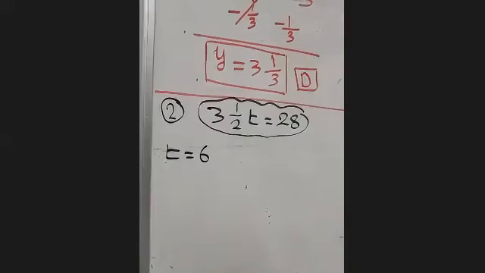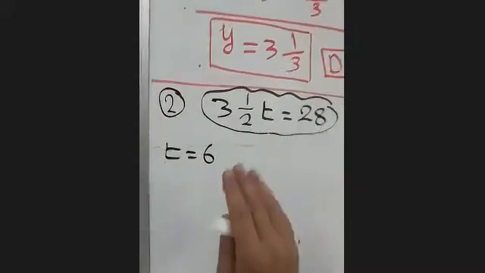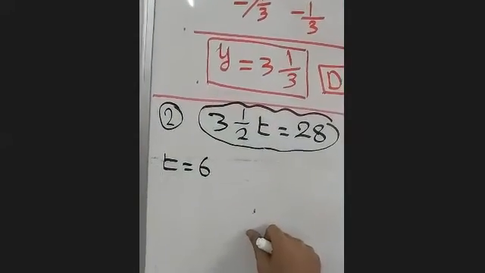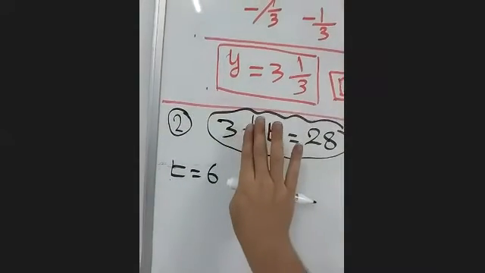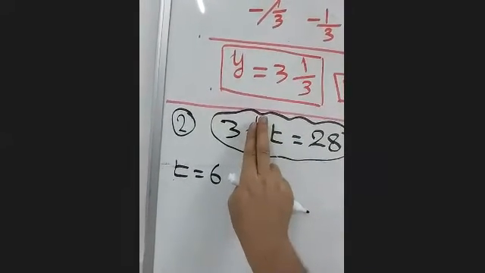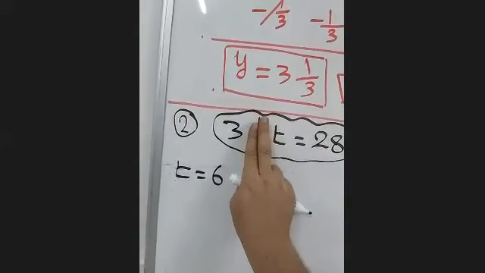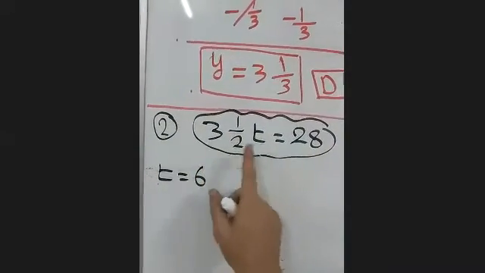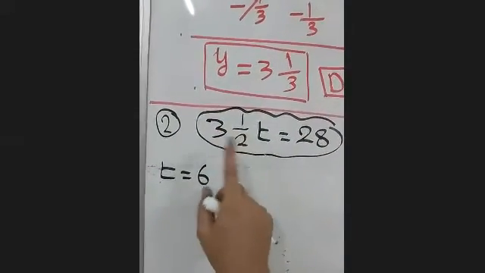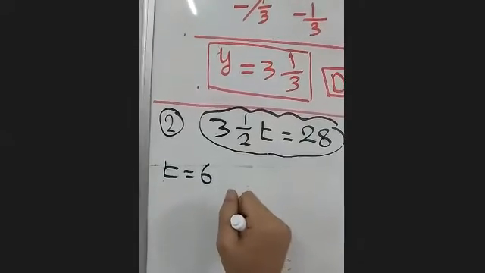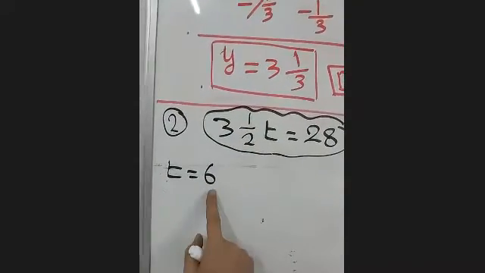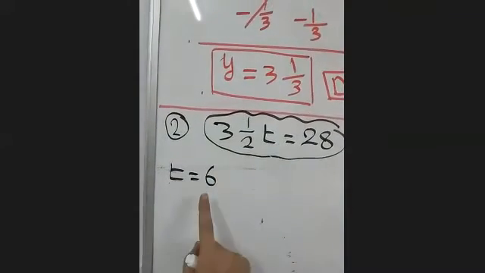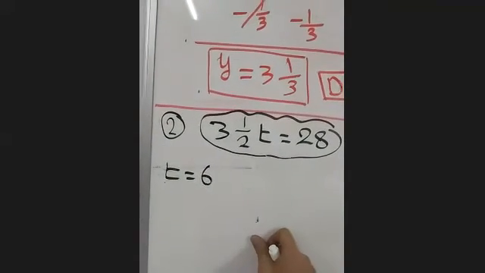Now look here, Hisham. This is 3.5, and we will turn it to a fraction. Forget the half for a little bit. 3t means 3 multiplied by t, right? Now 3 multiplied by 6, ignoring the half, is 18.